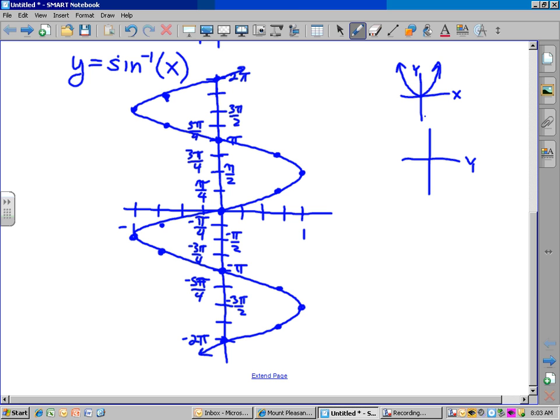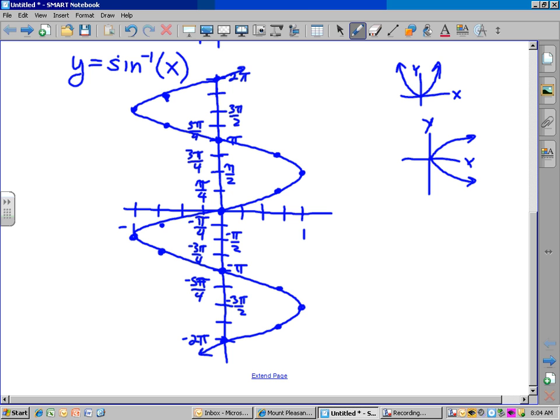Y is going to be here, x is going to be here, right? I'm not actually going to label the axes different. This is still the x, this is still the y, but what's happening is they switch. So this would be the inverse.